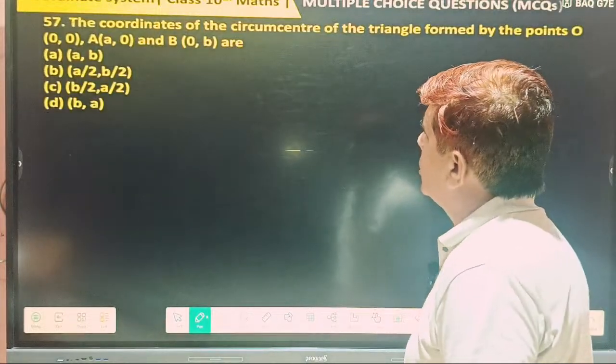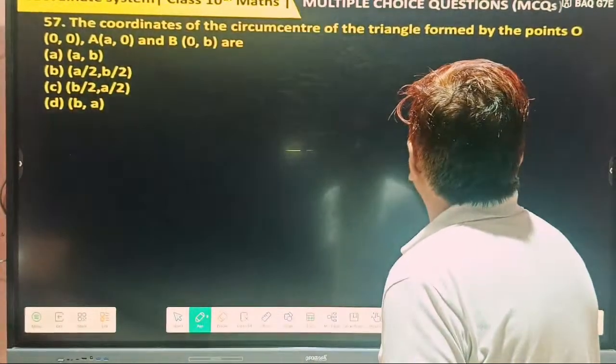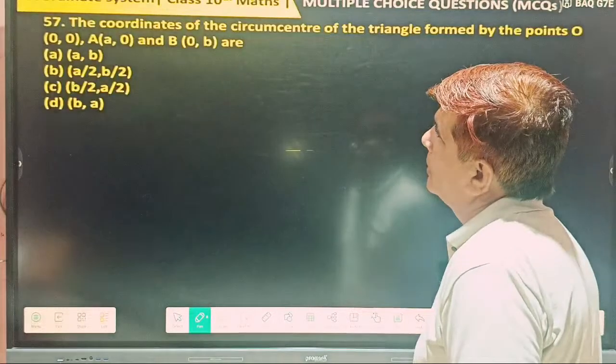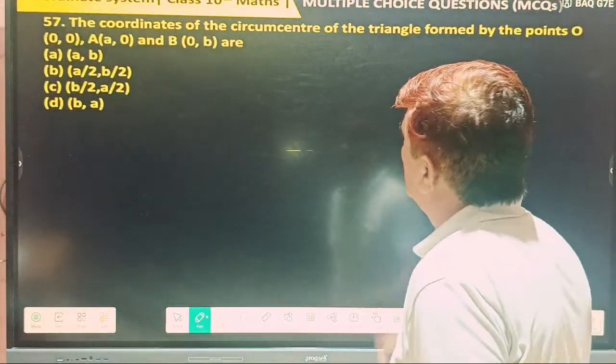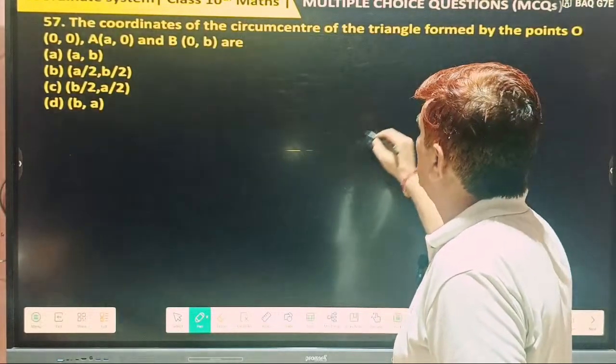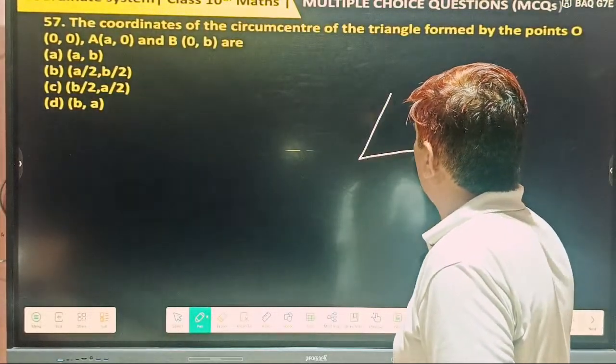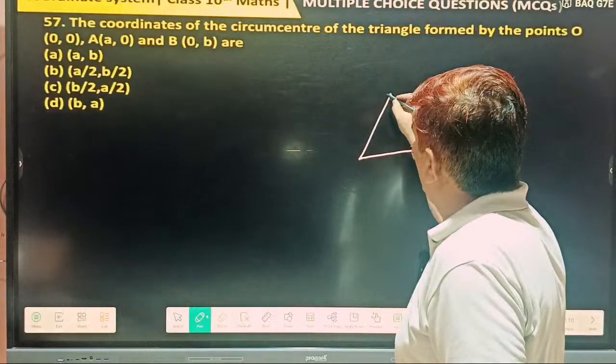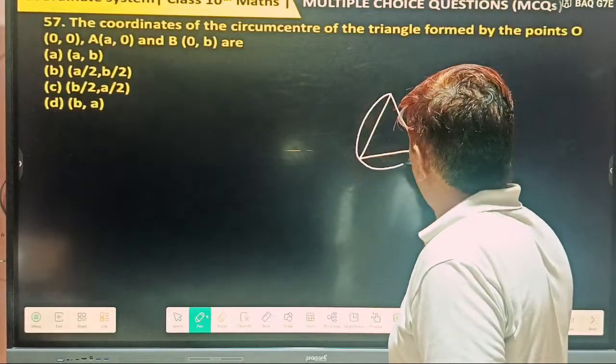The coordinates of the circumcenter of a triangle formed by these points are this. So we are having a circumcenter. Circumcenter meaning like this.